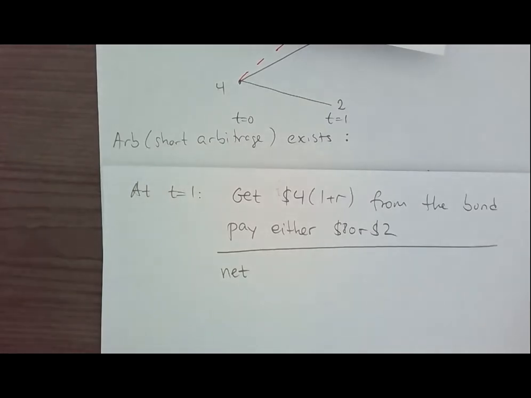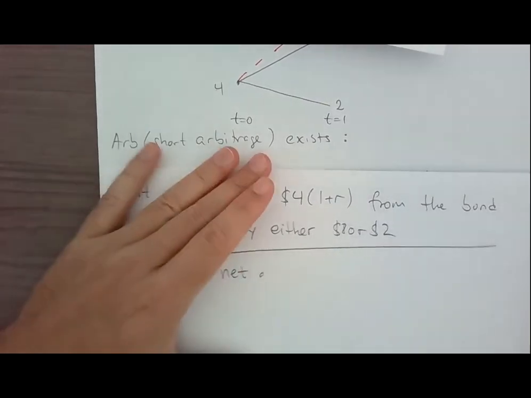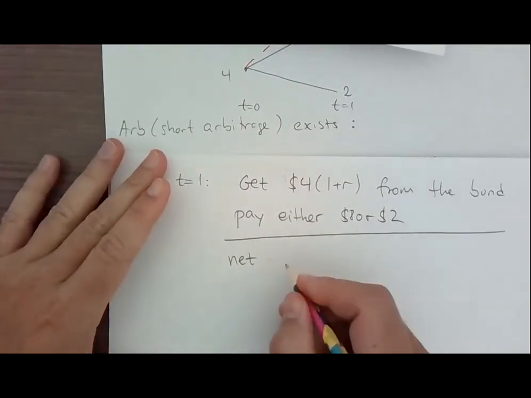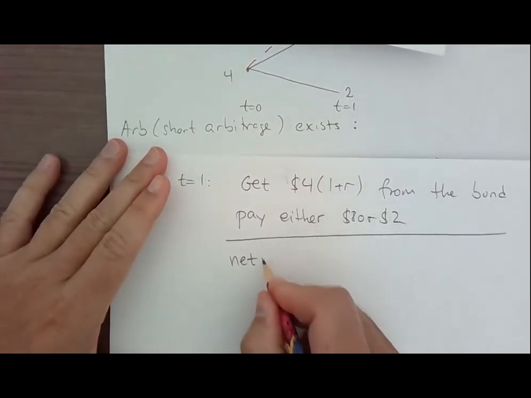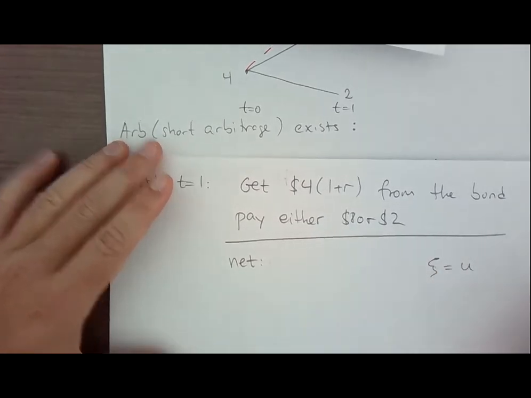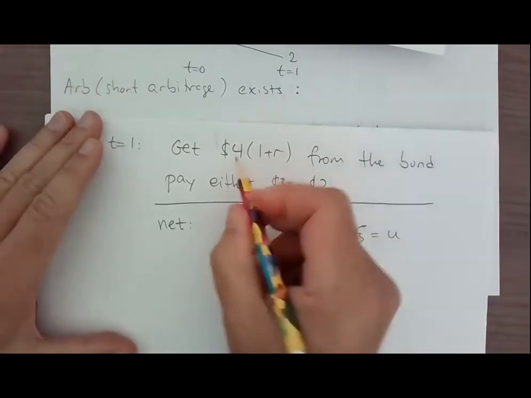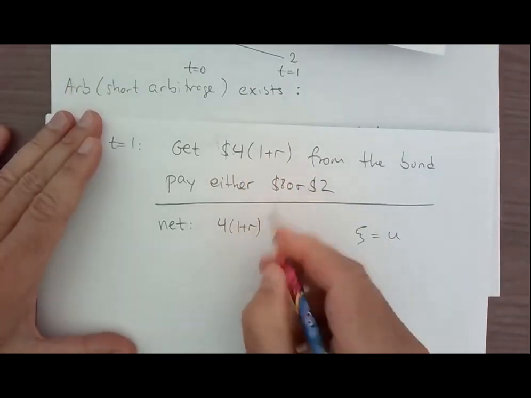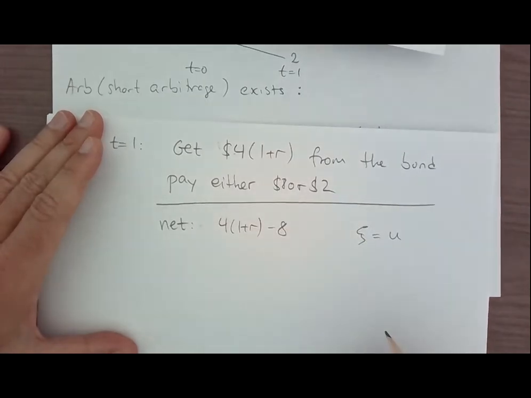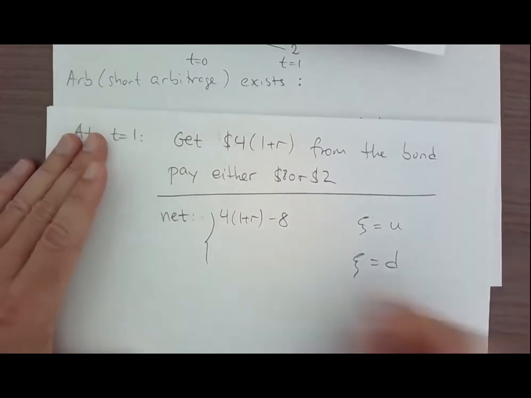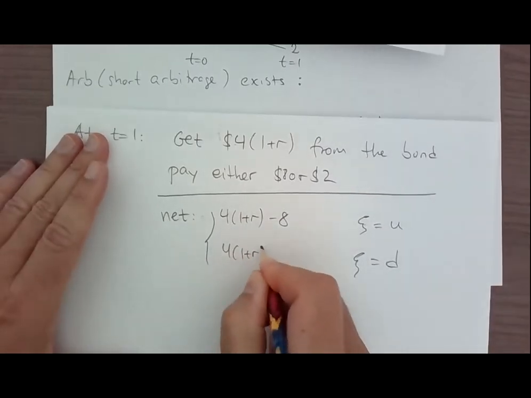The net at time 1 depends on if the random variable psi ends up being u. If psi ends up being u, then we'll have 4 times 1 plus r minus 8. Or if psi ends up being d, then it is 4 times 1 plus r minus 2.